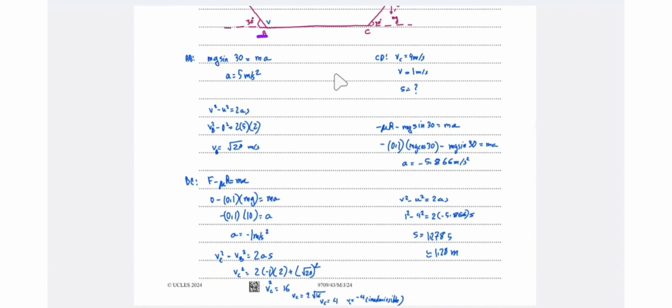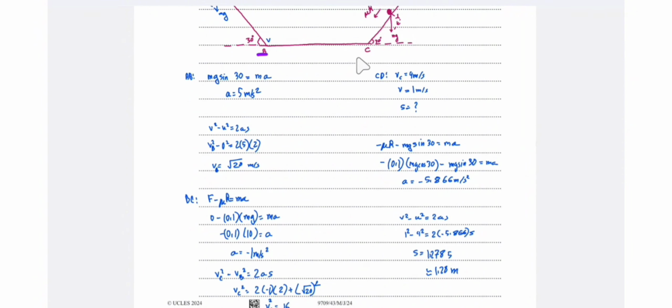Now to find the speed at C, vC squared minus vB squared is equal to 2as. So what is the value of acceleration? On the plane BC, there is an effect of friction, mu R. Since the friction is acting, the acceleration value must change.